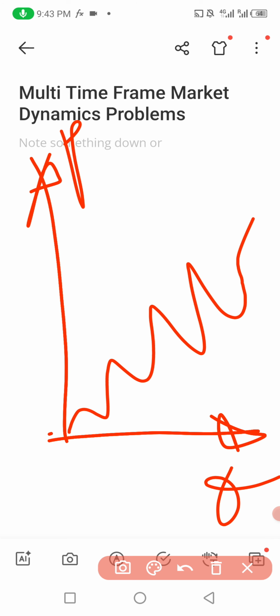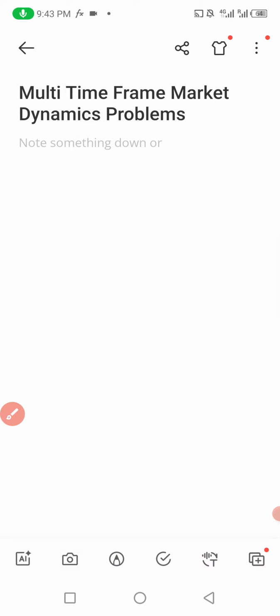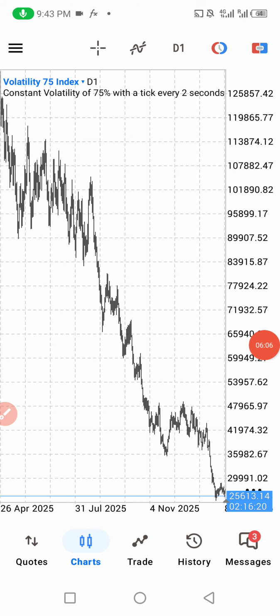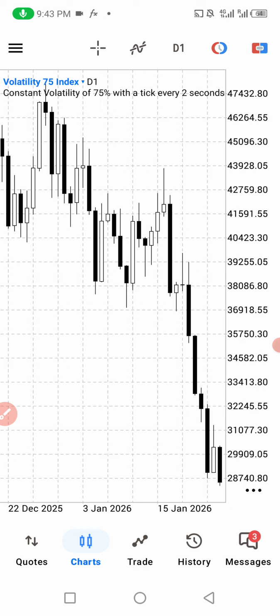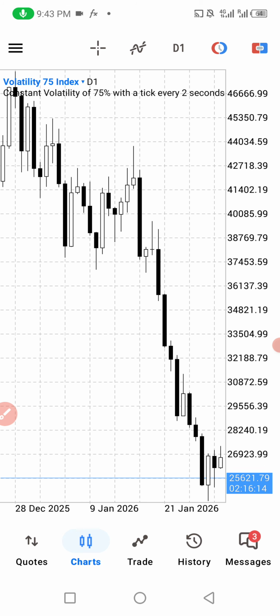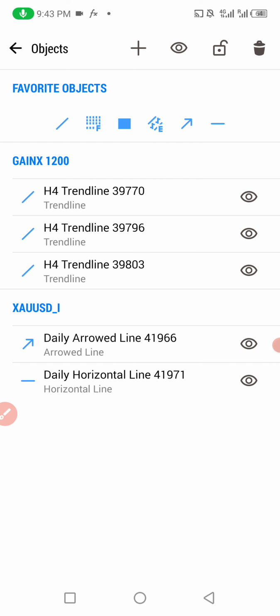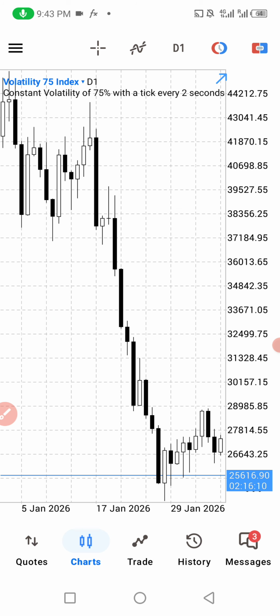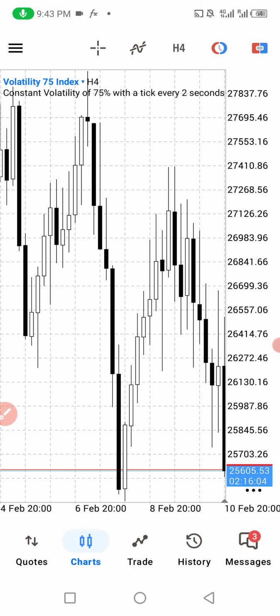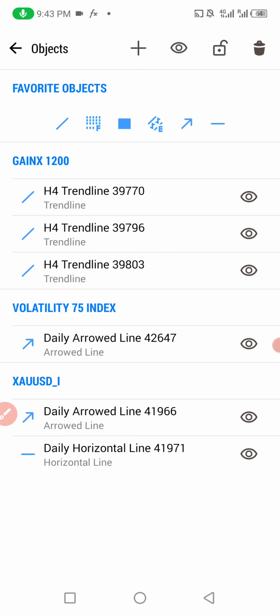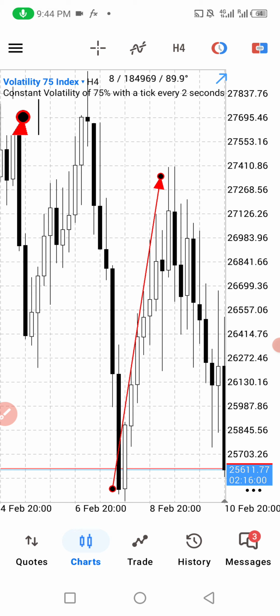Let's go to practicals. Right now, this is the Volatility 75 Index, on the daily time frame. If you observe this market carefully, in the daily it's making lower lows and lower highs. Then when you check the 4 hour time frame, you notice that the market bought in this session.